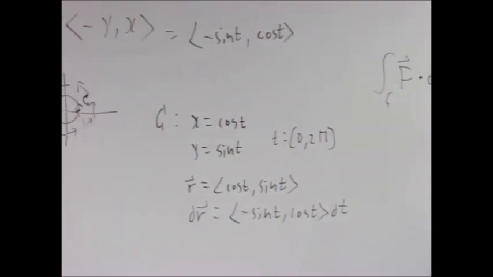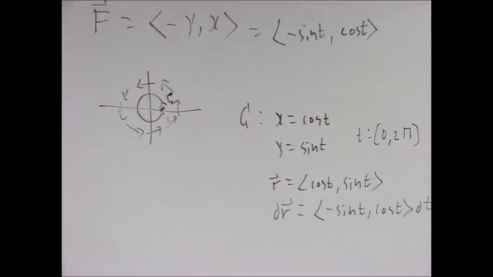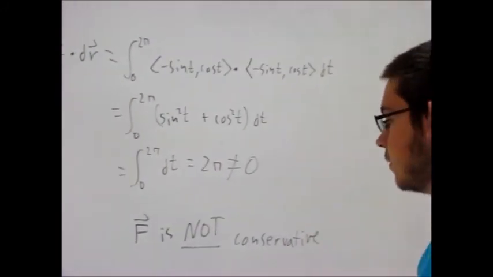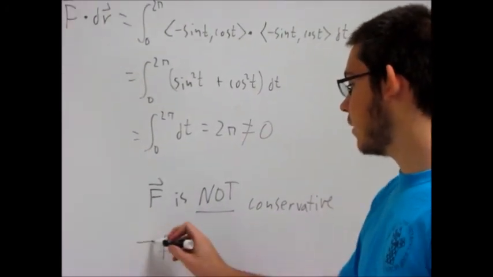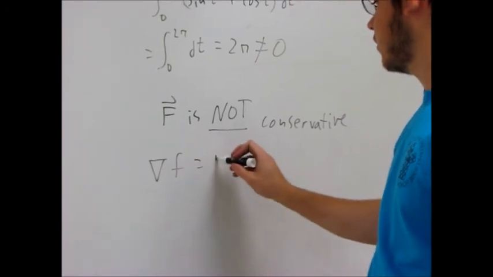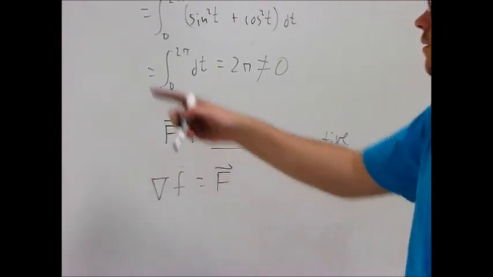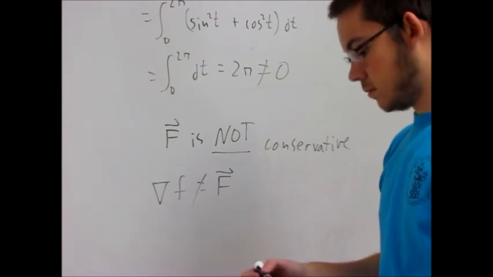F is not conservative. And therefore, there is no function f such that the gradient of f will give you this vector field.